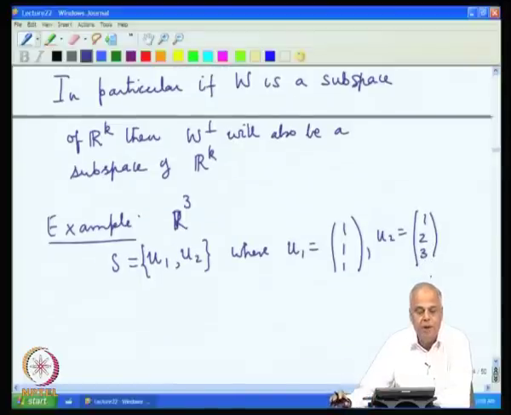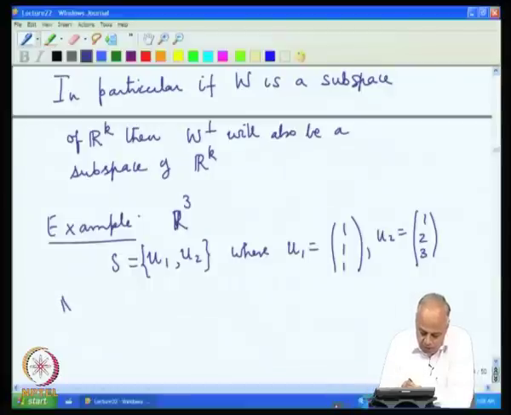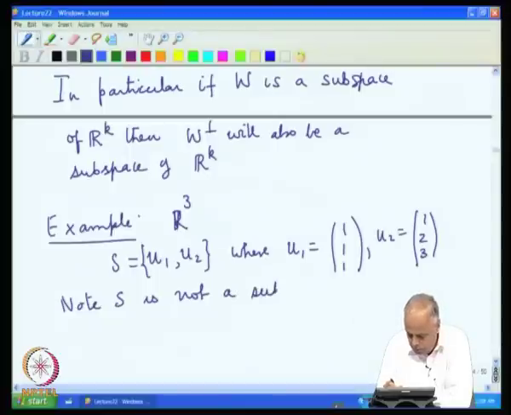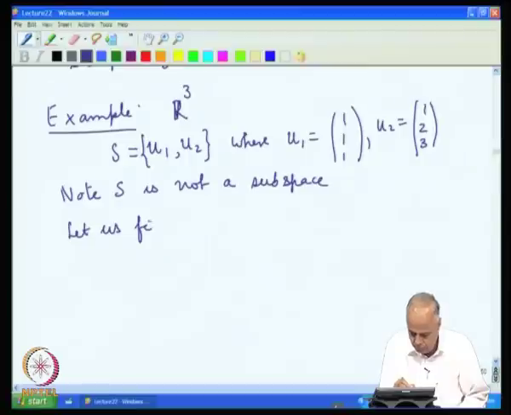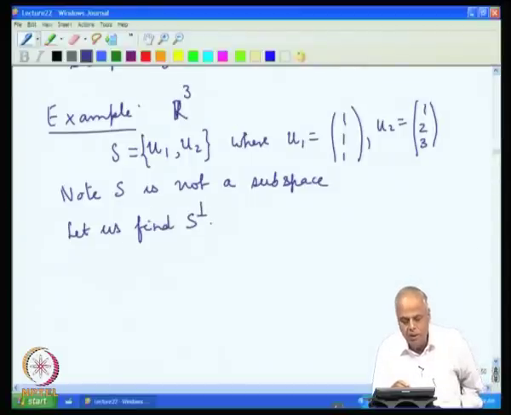Notice that S is not a subspace, because the vector 1 1 1 is there, but multiples of this vector are not there. So, here note S is not a subspace. Now, let us find S perp.